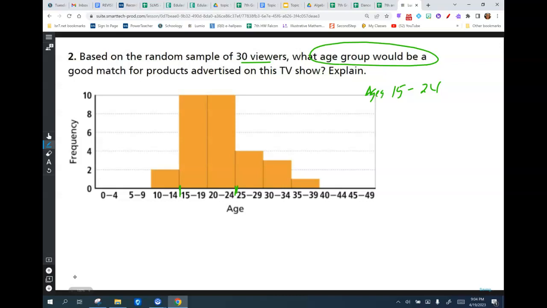And the reason is, according to this, oh, this must be a different table than what we had, because they had 10. Okay, so the frequency is 10 for 15 through 19 and 10 for 20 through 24. The reason is that you have more people in the age range that you're trying to target. Okay, good.